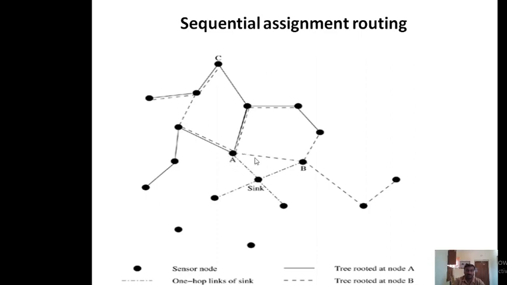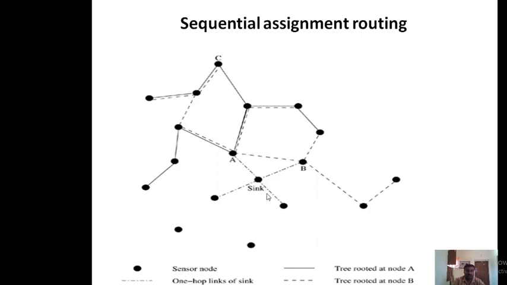Here the dark points are sensor nodes, and the thick lines are the tree rooted at node A. The dotted lines are the tree rooted at node B, meaning the links generated from B.